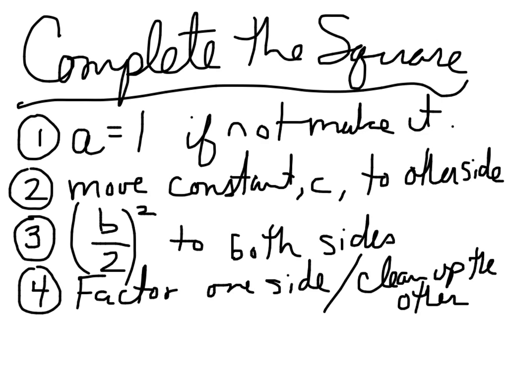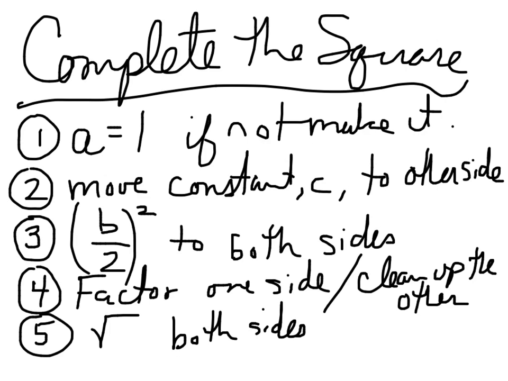And then the other side, we're going to clean it up because you're going to have more than one number on the one side. Cleaning it up means just add or subtract those two numbers together. Okay? Then after we factored it, what did we do? We square rooted both sides. And the 6th step was we solve for x. Those are the 6 steps to using completing the square.